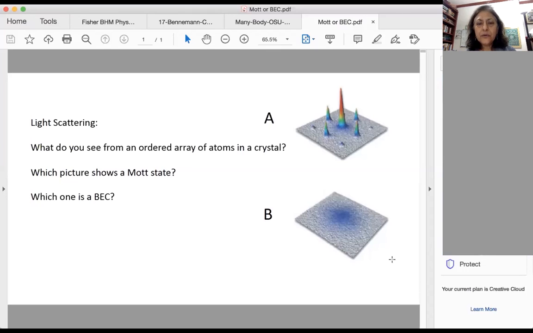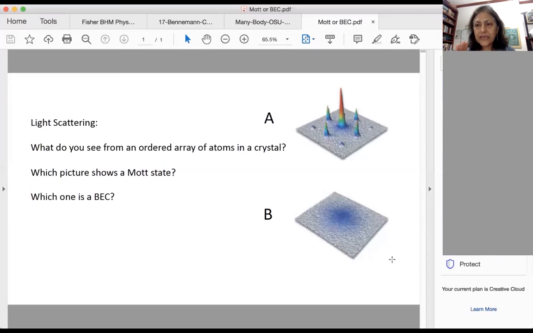This is why this is interesting. Your intuition going in was very correct, that a crystal is an ordered array of atoms. A Mott also looks like an ordered array of atoms. But there's a very big difference between these two ordered arrays.